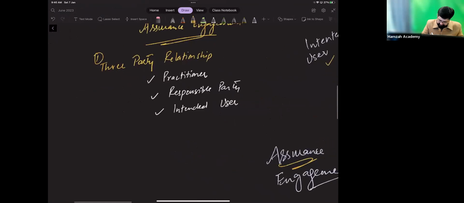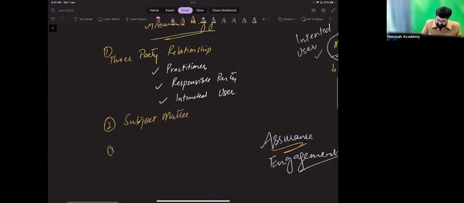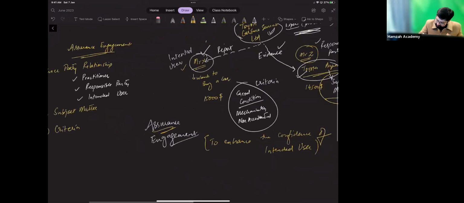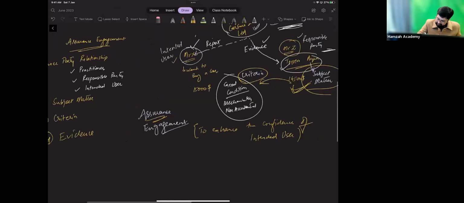Second, there is a subject matter which needs to be evaluated. There is a criteria against which the subject matter has to be evaluated by a practitioner. Then evidence has to be obtained.